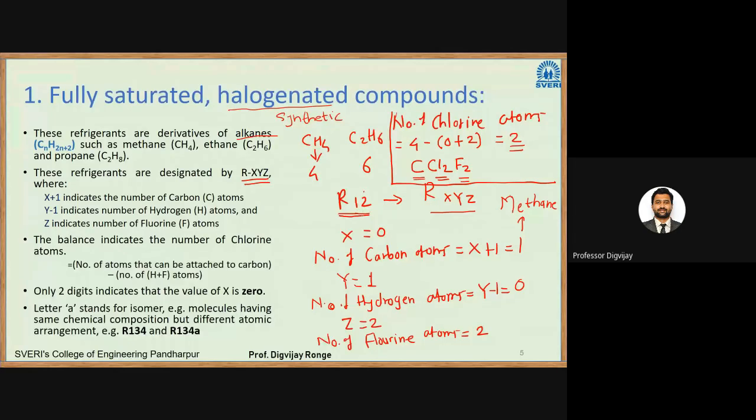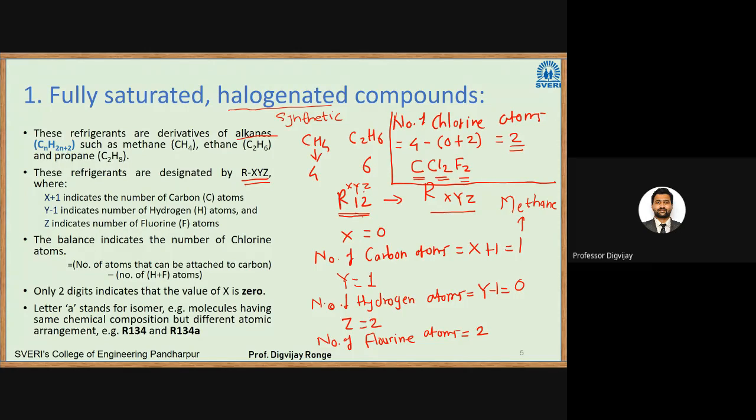So the number of carbon atoms equals X plus 1 equals 1, 0 plus 1 equals 1. In this case, Y is equal to 1. So after X, that is Y, that is 1. So this is Y and Z. X is 0. Y is given as 1. So the number of hydrogen atoms will equal Y minus 1 equals 1 minus 1 equals 0.